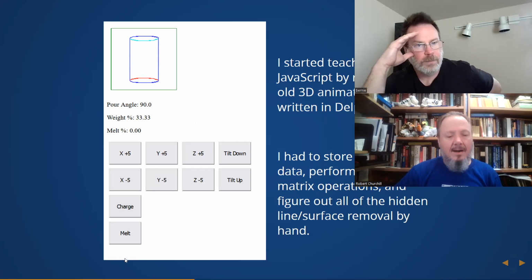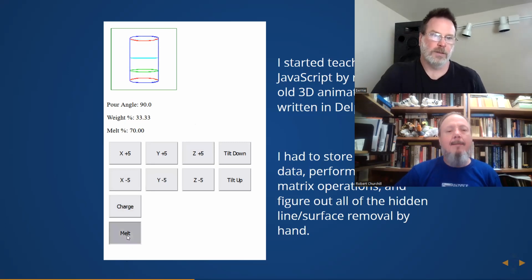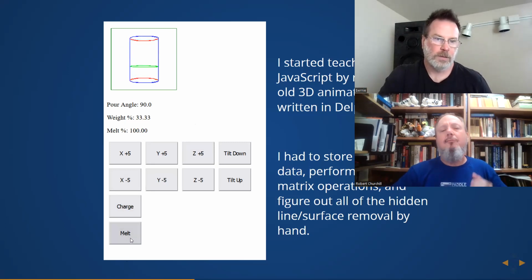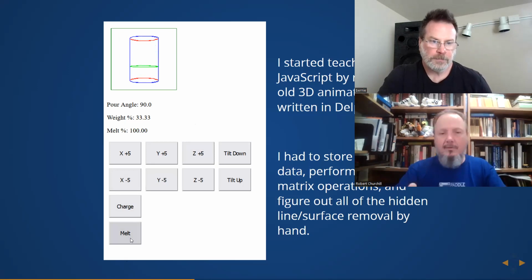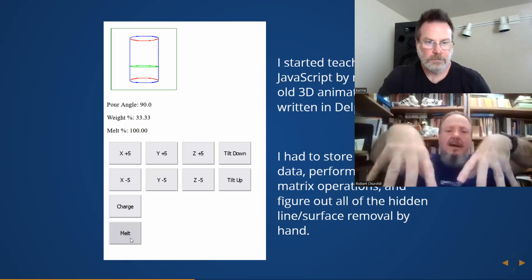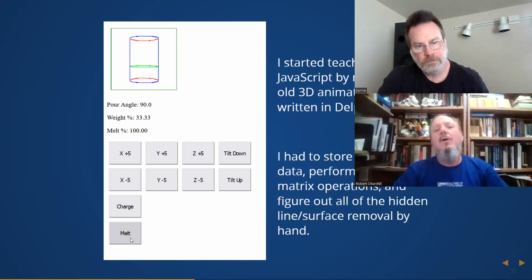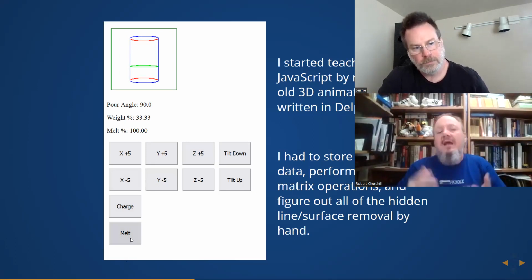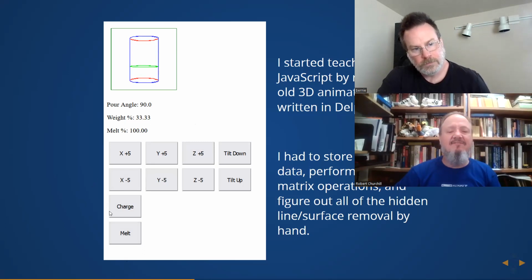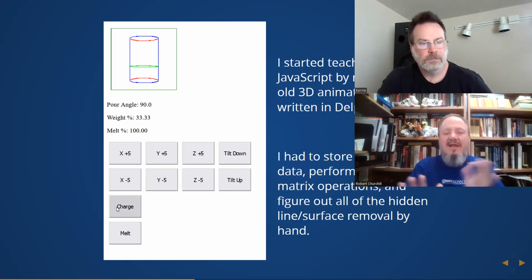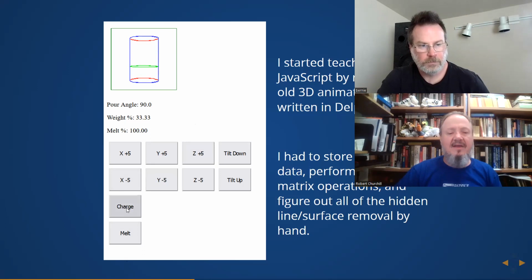So I charge and melt. If you can imagine pouring loose metal in, it'll take whatever shape the junk will take. You can define a packing factor, and when you melt it, a liquid fills the volume in the shape that it's in.